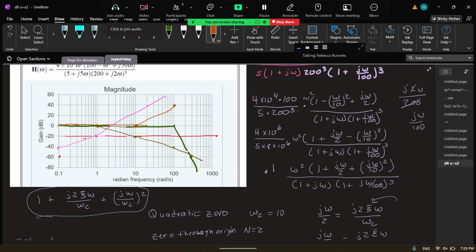And so I have a slope of 40 until I get to 1. Did I not draw? I did not draw that through. I didn't draw my 0 to the origin.